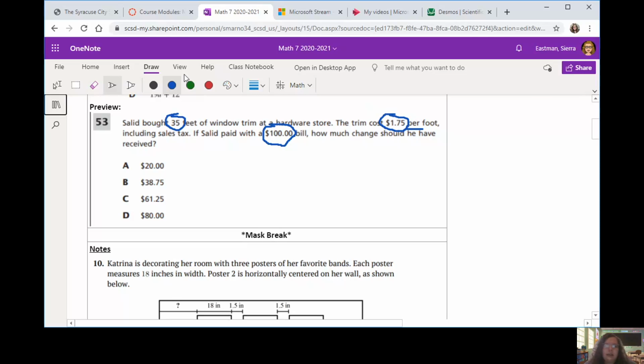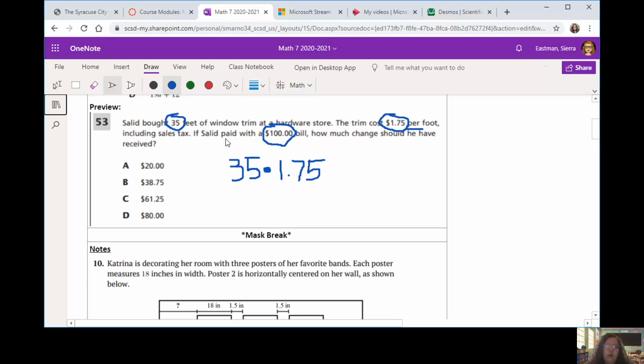So let's set this up. We're starting with 35 feet. And they're telling me each of those feet, the word each or the word per, means I'm multiplying by something, costs $1.75.